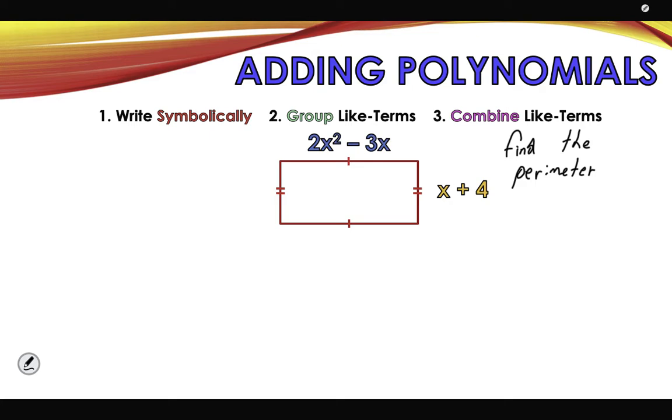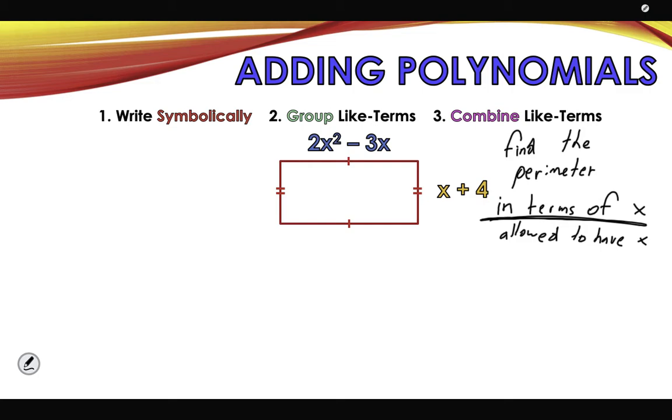So what I do is I say find the perimeter in terms of x. And what that tells you is your final answer is allowed to have x in it. And in fact, if it doesn't have x, it probably means you've done something wrong.